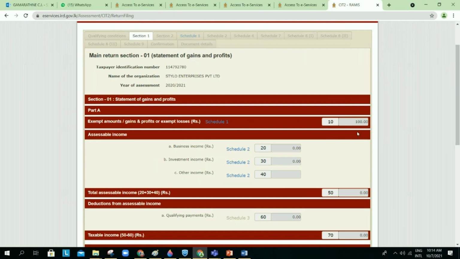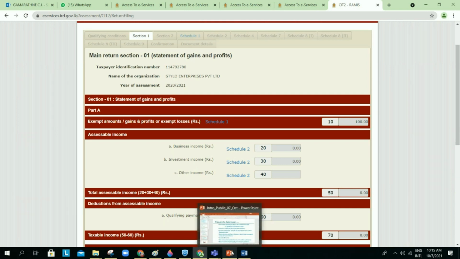Therefore, it is easy to enter the details and give the inputs to the return when compared with the manual return. If you use the manual return, you have to use a calculator and write the values in each and every cage. Okay.